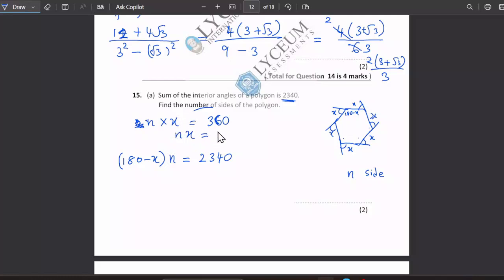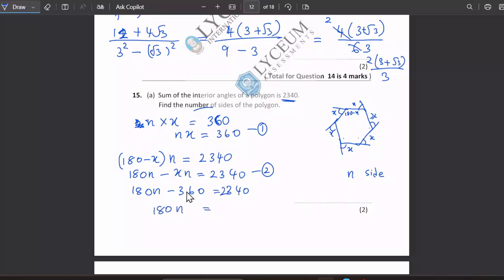Now here nx is 360. Here we can expand this: 180n minus xn equals 2340. So from 1 and 2, we can substitute the value of nx as 360: 180n minus 360 equals 2340. So 180n remains here. I take 360 to the other side.